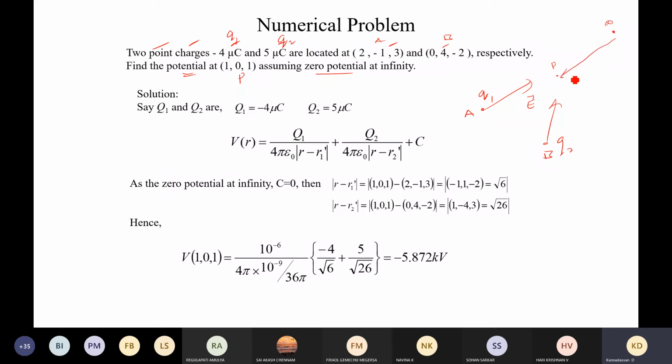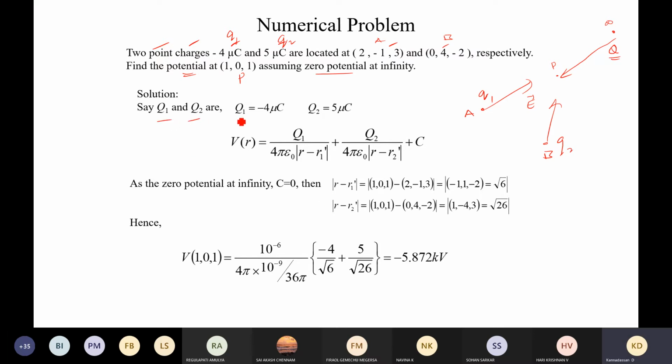We are going to bring this point charge Q from infinity to here. At that time, we have to ask ourselves what is the total work done, and that total work done per unit test charge is going to be the potential, and that is what we are going to calculate.